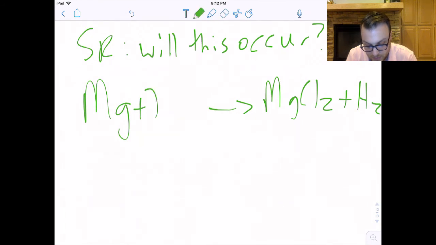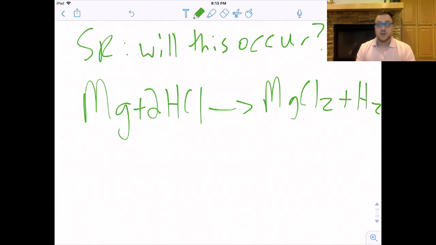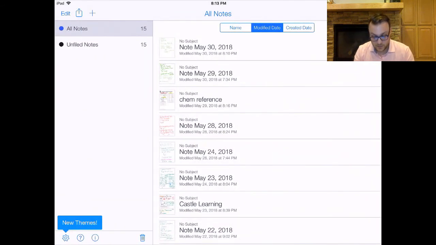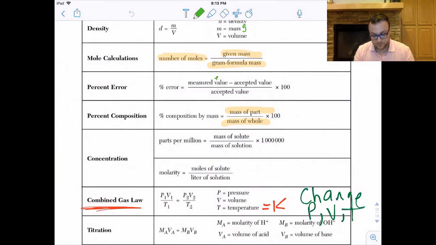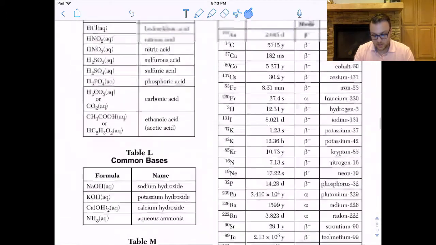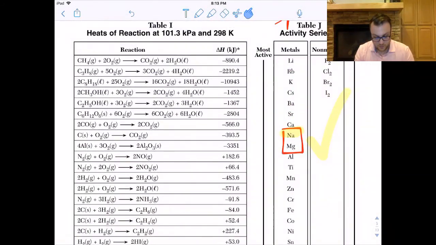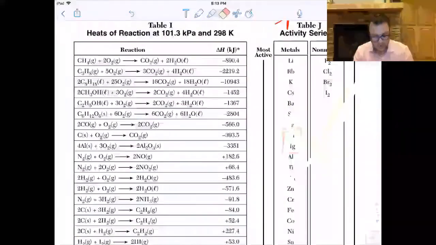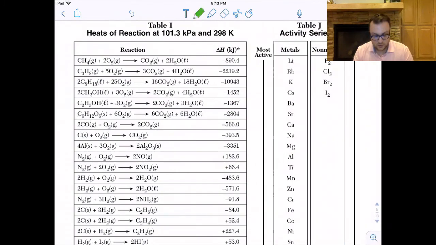How do you know? You need to use table J. So, if I look at table J, I'm going to find the two things that are switching with each other. And those are Mg and H.